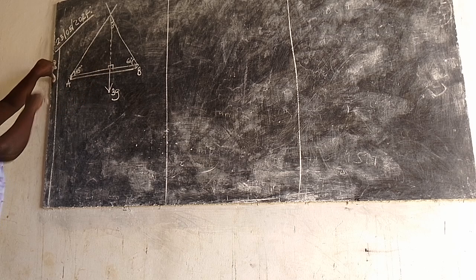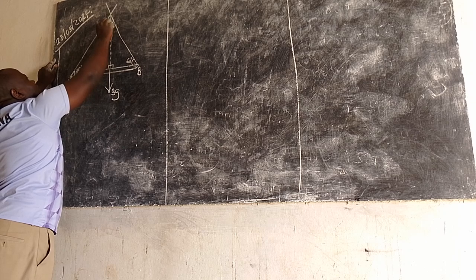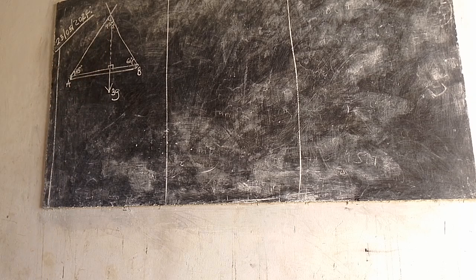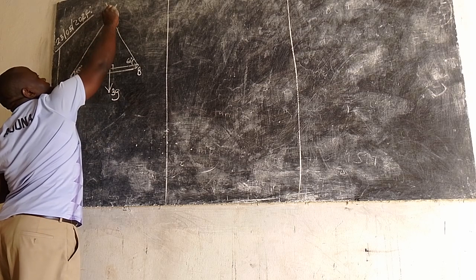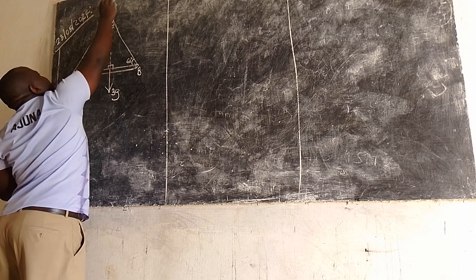For this to be 90, this must be 45. Do you believe in that? Vertically opposite angles are equal in magnitude. Therefore, this angle here should be equivalent to the whole of this.